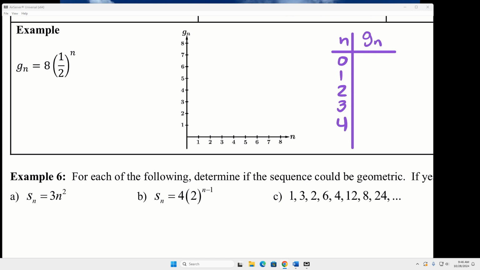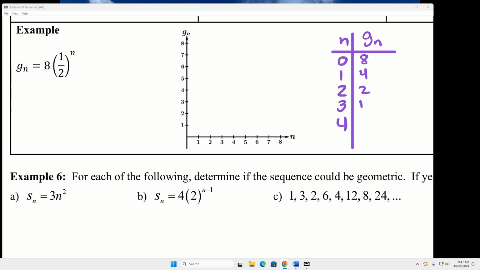Okay, so when we plug in 0, what is 1/2 to the 0? Not 0. 1. Everything except 0 raised to the 0 power is 1. So then it's 1 times 8. All right, and then we put in 1, it's 8 times 1/2. We put in 2, it's 8 times 1/4. 8 times 1/8.